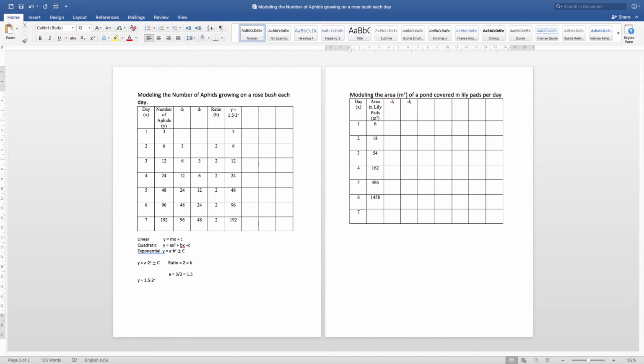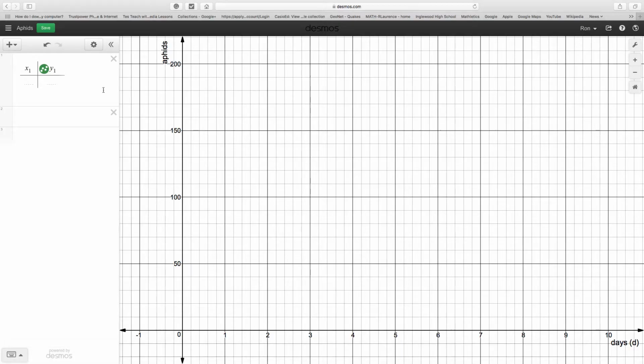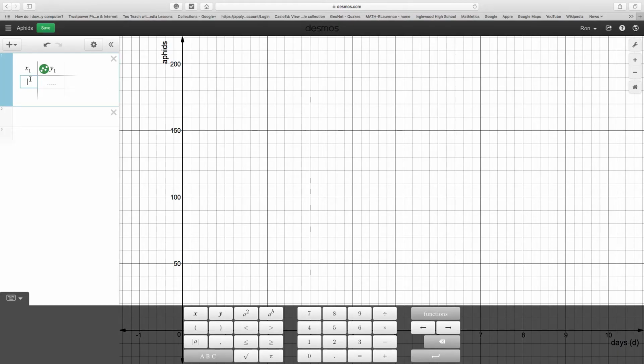Now if I went ahead and plotted this on a graph, we would get the following. At x equals 1, we had 3. X equals 2, we had 6. X equals 3, we had 12.